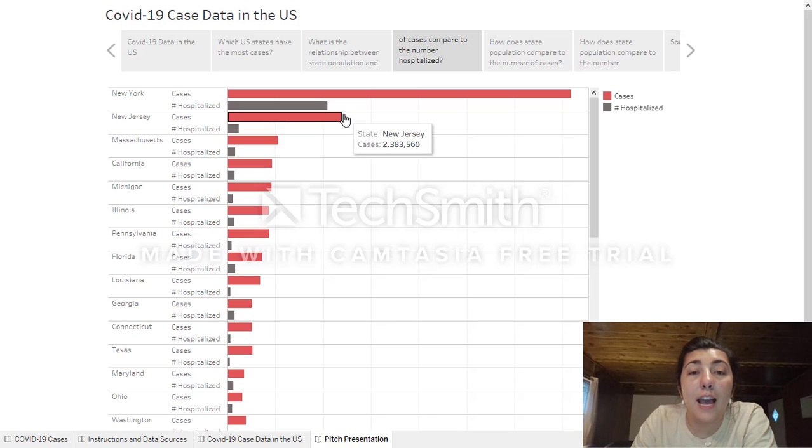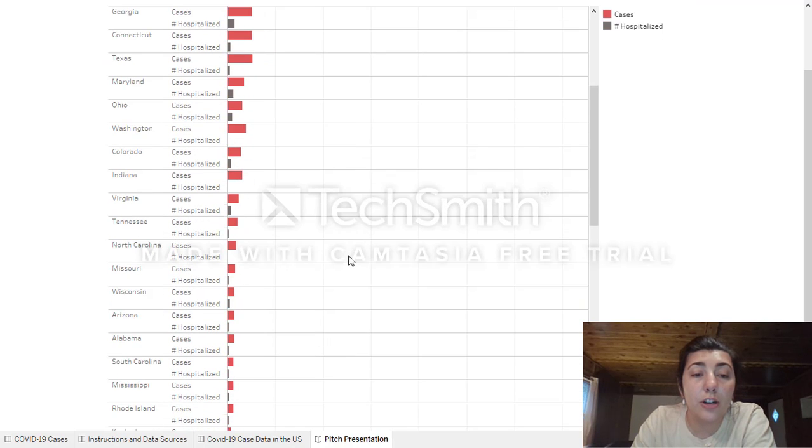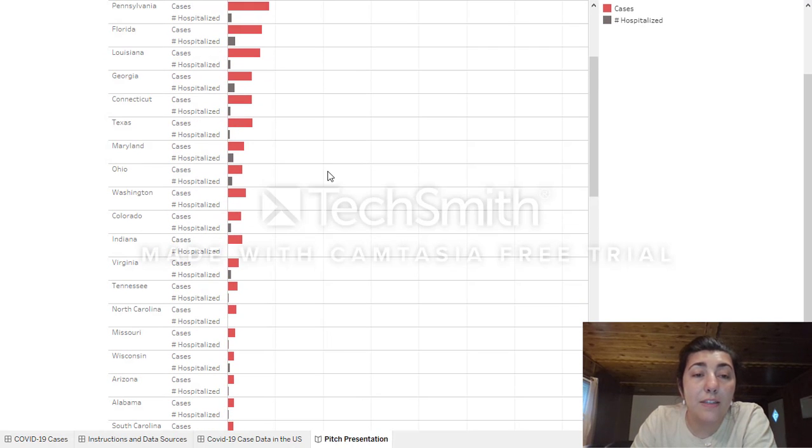New Jersey has about a third of the cases of New York. They have even less that were hospitalized. And so as you look down the chart, you can see some. I think this is interesting. Colorado has fewer cases but more hospitalized than Washington.